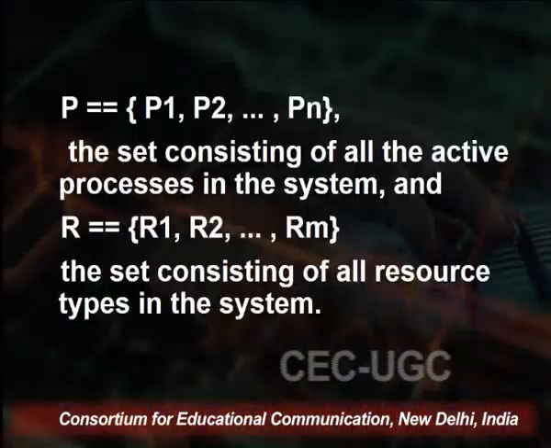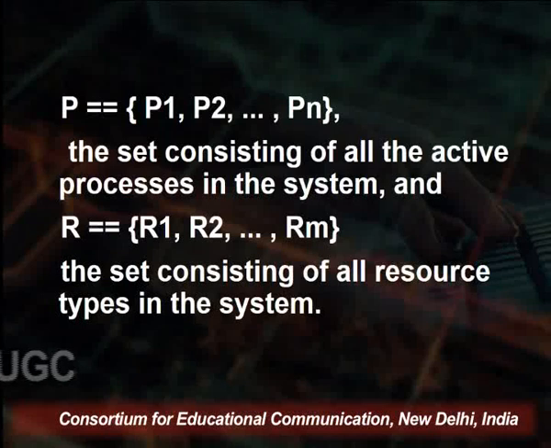A graph, as you know, is a data structure which consists of a set of vertices V and a set of edges E. Here the vertices are partitioned into two different types of nodes: the processes going on in the system, and the resources available in the system.